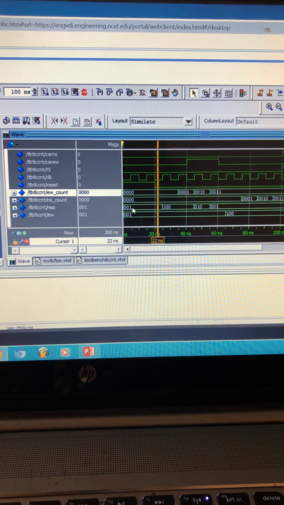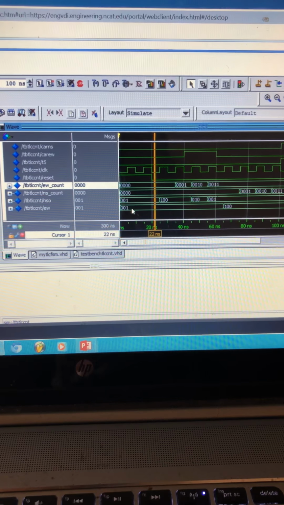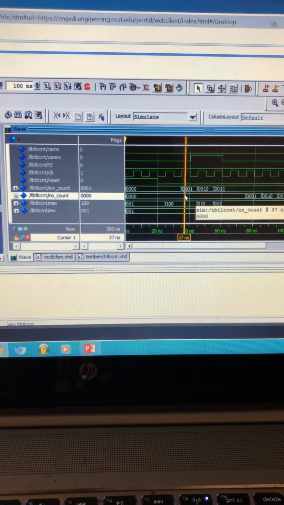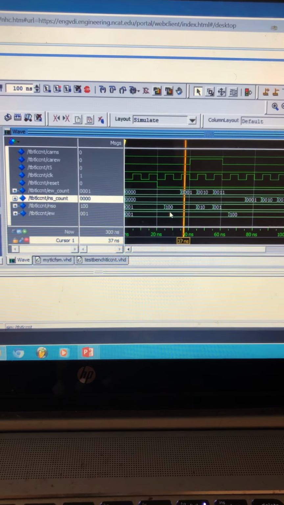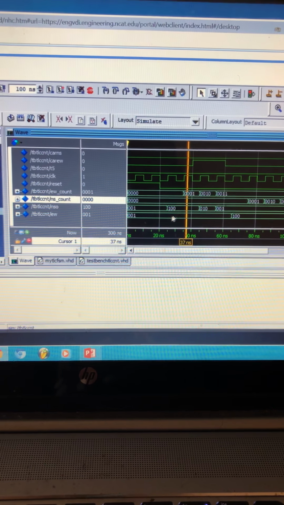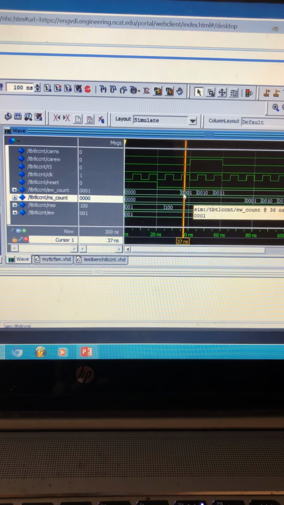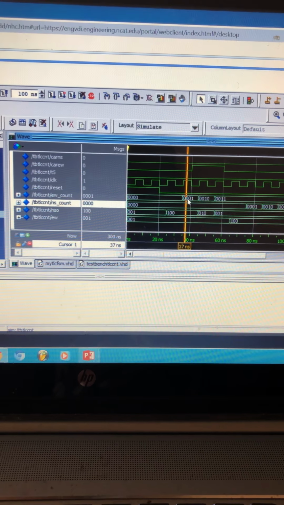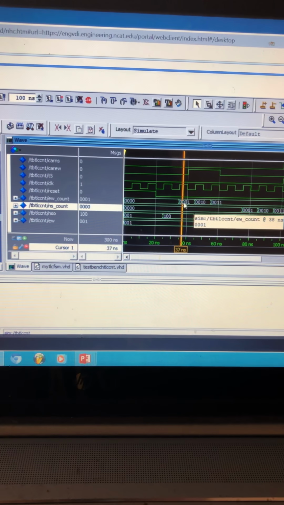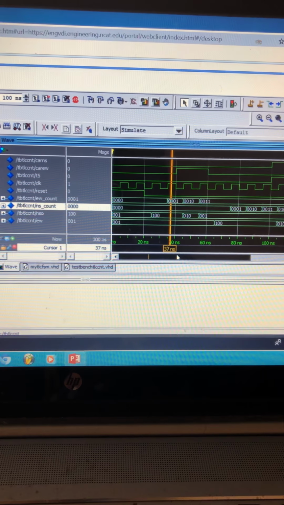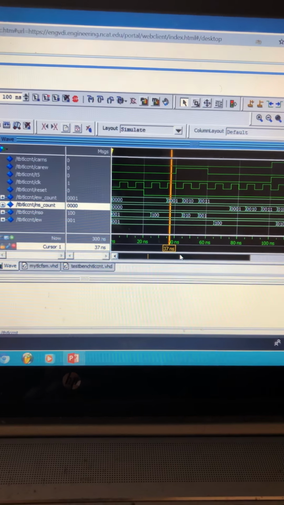So north, south is red, and east, west starts at red light. Then as I go through my finite state machine, north, south will be green while east, west will stay red. And you can see my east-west direction is beginning to increment the cars being detected in that direction.